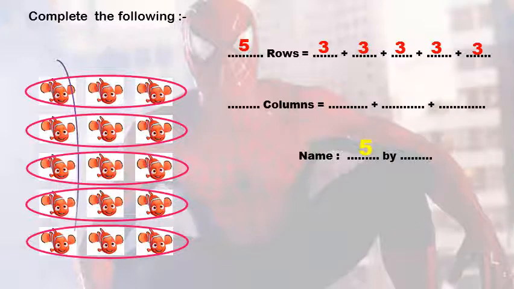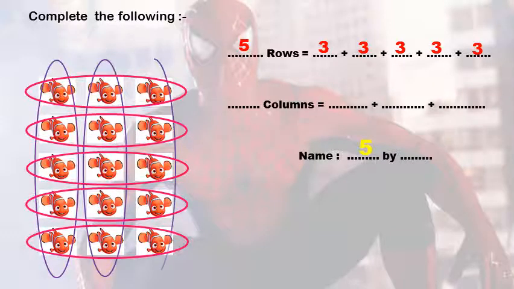What about the columns? Let's count the columns here. We have 1, 2, 3. So we have 3 columns. The 3 columns have how many Nemo fish inside? Yes, we have 5 Nemo fish inside each column. So we are going to repeat the 5 how many times? 3 times: 5 plus 5 plus 5.